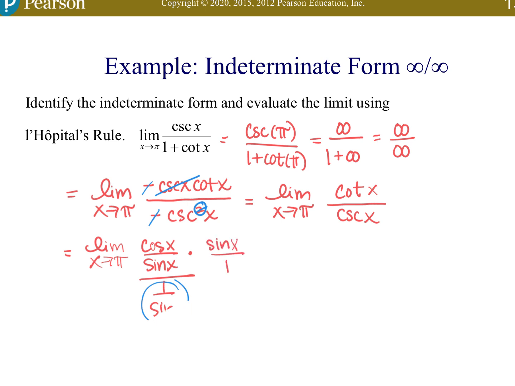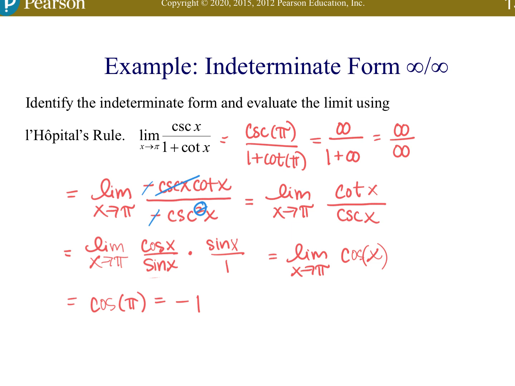So that's what we want to do, is to simplify that so that we can get down to something that can be evaluated. So that gives me the limit as x approaches pi, and the only thing that's left is the cosine of x, because I've reduced everything else away. So it's not a quotient anymore. Should be able to simply evaluate the cosine of pi, which is -1. So this limit value is -1.